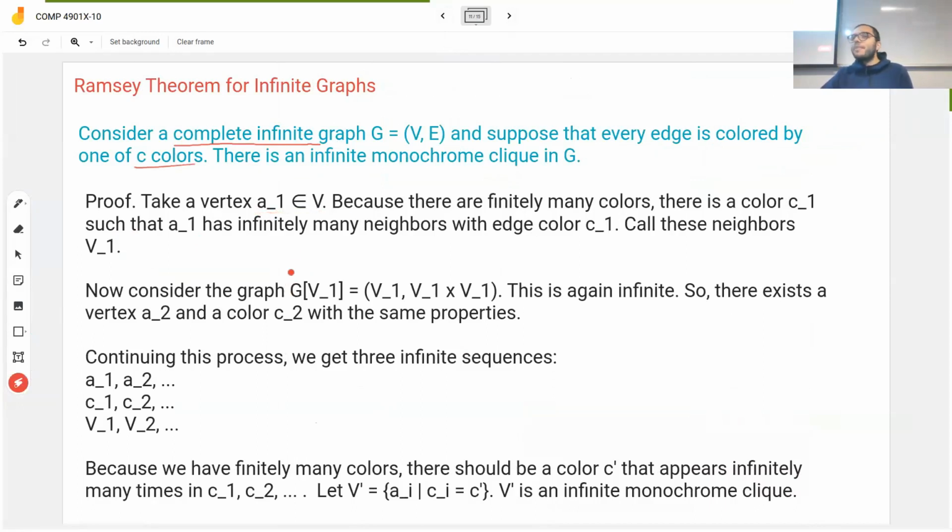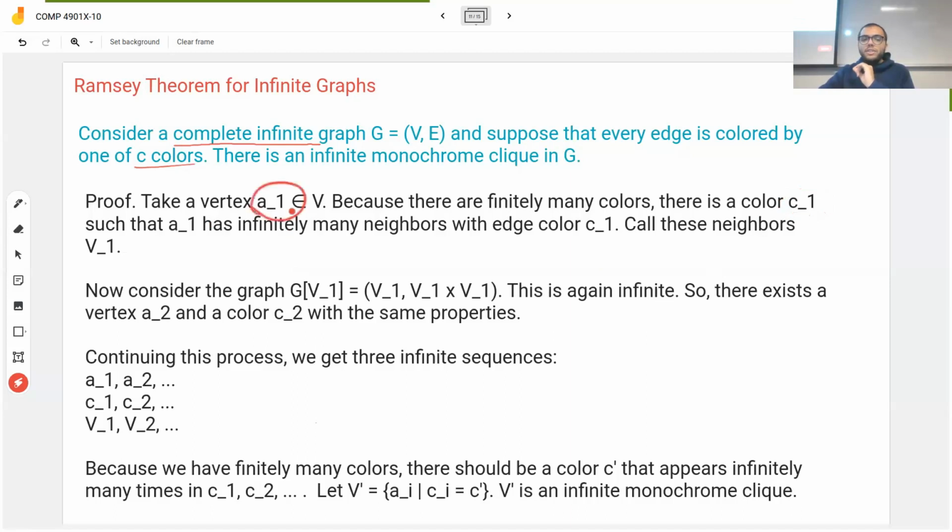Just as before, I'm going to first take one vertex and I'm going to call that A1. I say, okay, there are infinitely many edges going out of this vertex, but I have only a finite number of colors. So there should be at least one color that is used for infinitely many of the outgoing edges. I'm going to call that color C1.